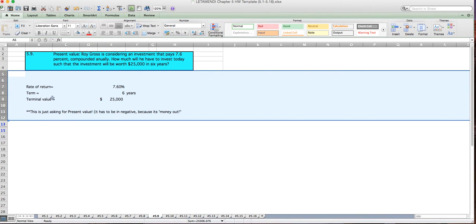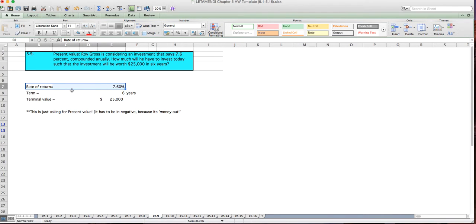So we have the rate of return, which is 7.6, the term, which is 6 years, right? And we have the terminal value, or future value, don't let the verbiage confuse you. Terminal means end value of $25,000. So this question is just asking for the present value.